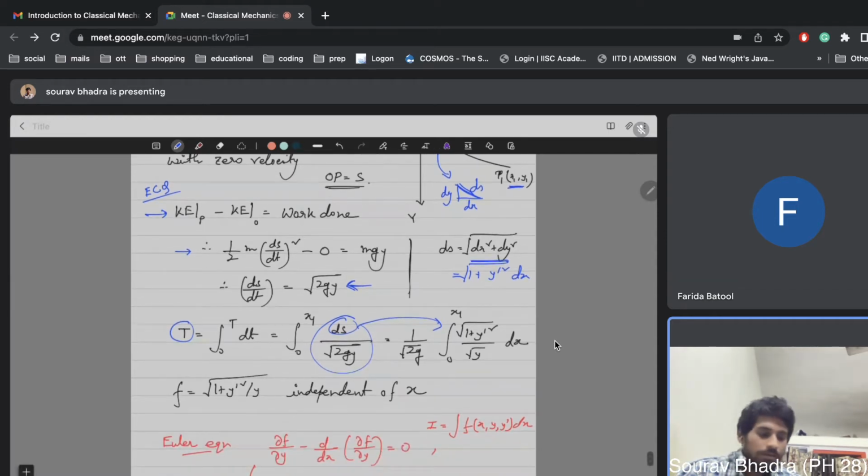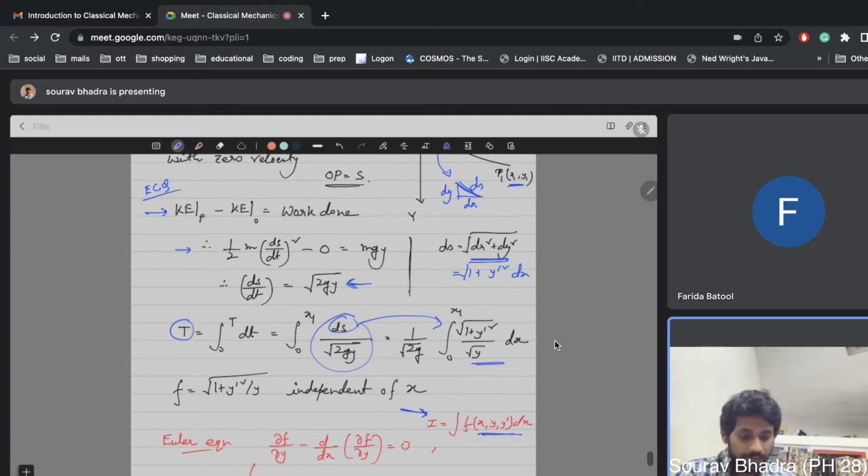Now this is our I, and this is our f. I am comparing it with Euler's equation, where capital I equals the integral of f, with f a function of x, y and y dash, dx. Our main motto was to extremize this capital I, and for that we have this condition.